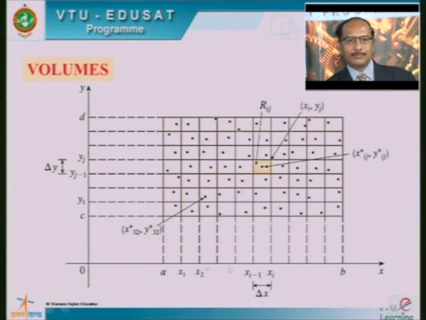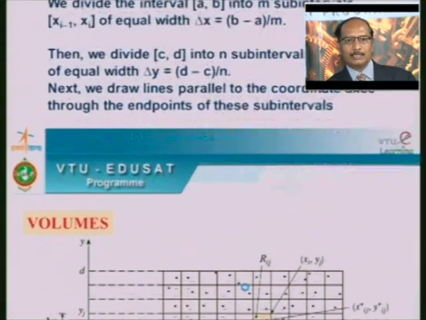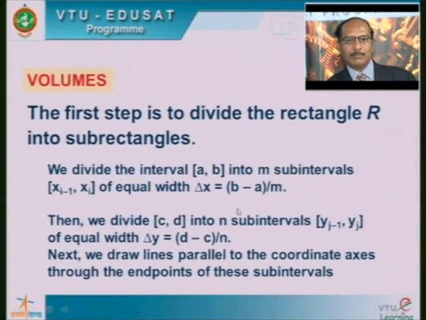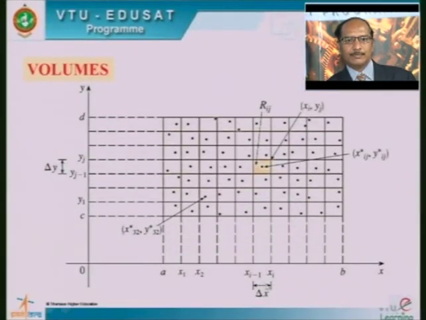Now the width of each subinterval along the x-axis is delta x, which is (b minus a) upon m. That is the width of any interval. Similarly, delta y is (d minus c) upon n, the width of each subinterval.